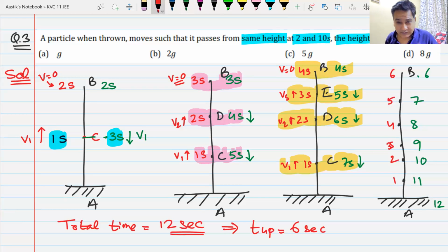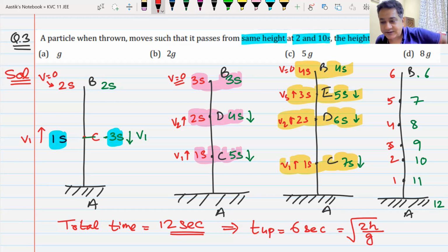And once I know the time taken to go up, I can write it as root over 2h by g. Do we understand this? Yes or no? Now you can easily calculate the value of h.